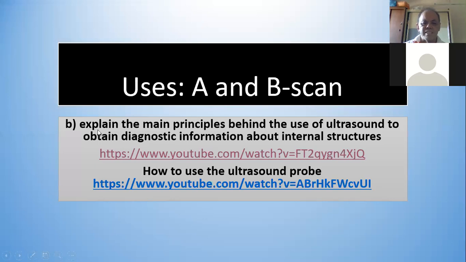The main requirement of the syllabus: explain the main principle behind the use of ultrasound to obtain diagnostic information about internal structure. Right? So the use is to obtain the image of the internal structure, and use what we have learned from part 1, all the formulas, to do some calculation, and show you what came out in the exam paper.